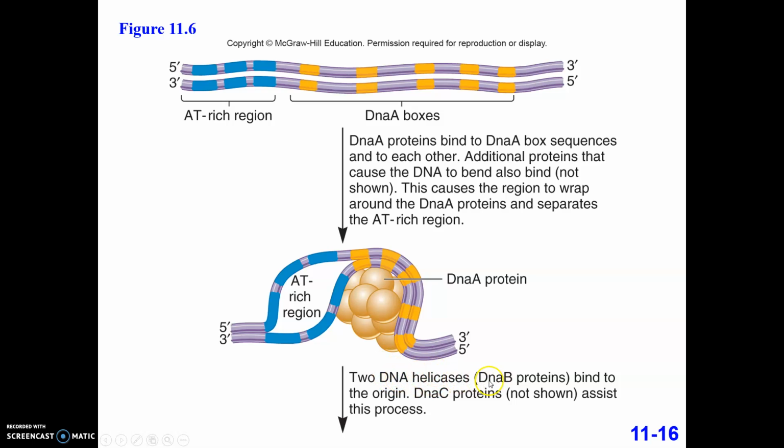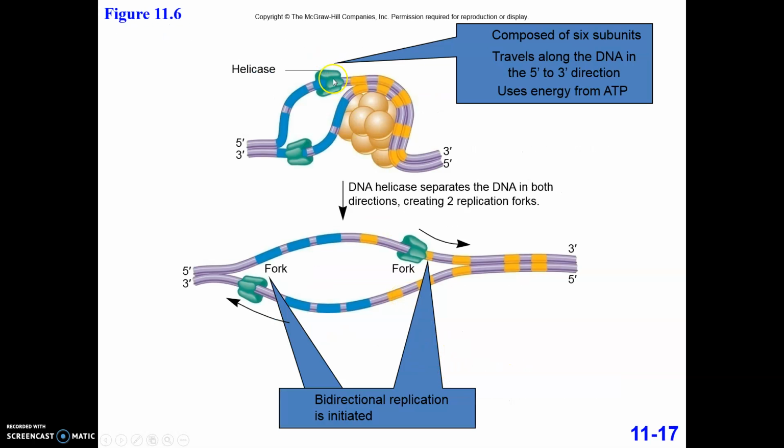DNA A helicase is also known as DNA B protein. So here we have 2 helicases loaded on, and the helicases use energy from ATP hydrolysis. So we burn ATP, and it causes it to travel in a 5' to 3' direction. The end result of this creates an ever bigger bubble of single-stranded DNA.